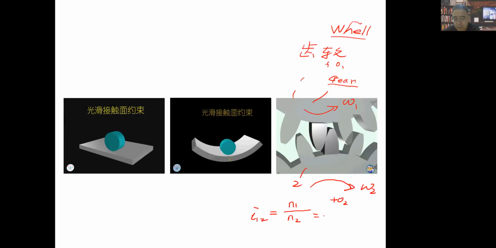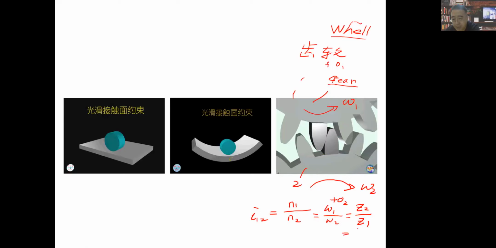Or its angular velocity ratio omega 1 over omega 2 will be the number of teeth they have, z2 over z1. Because when the gear is really manufactured, it will always have a fixed number of teeth, right?